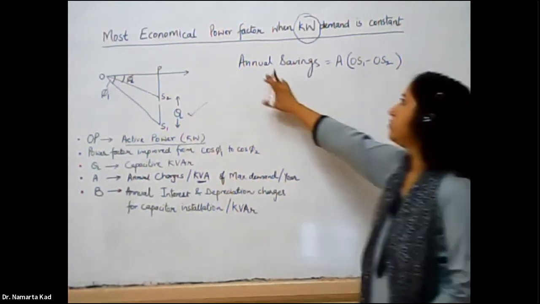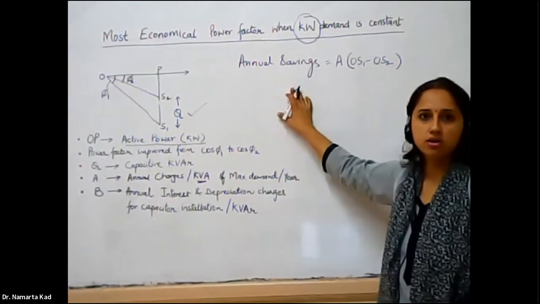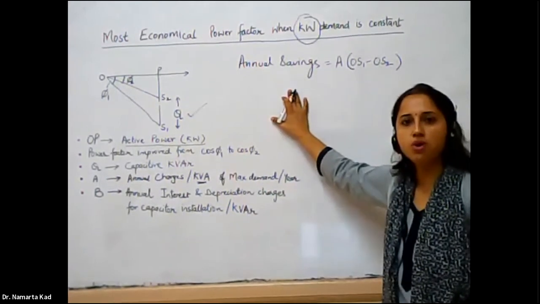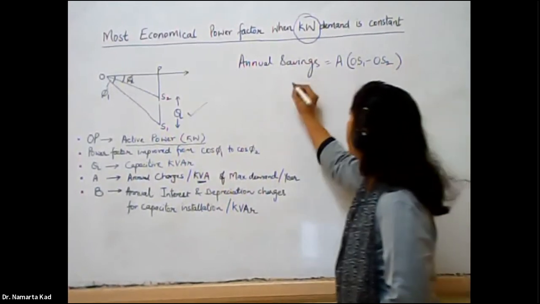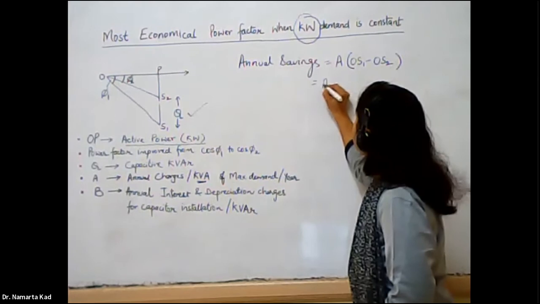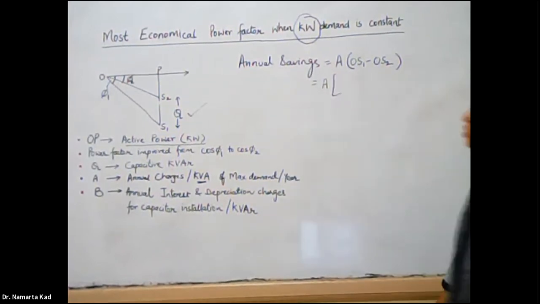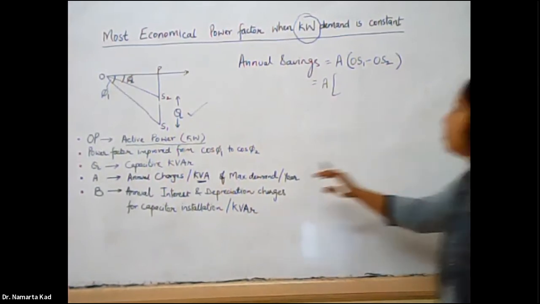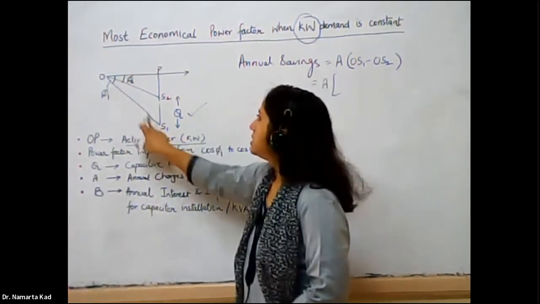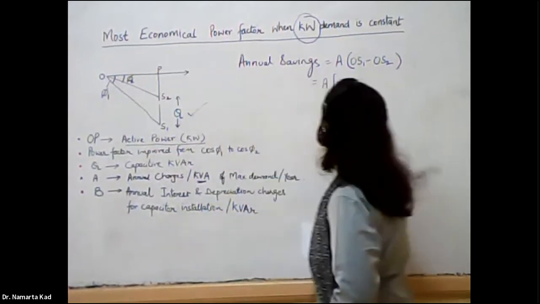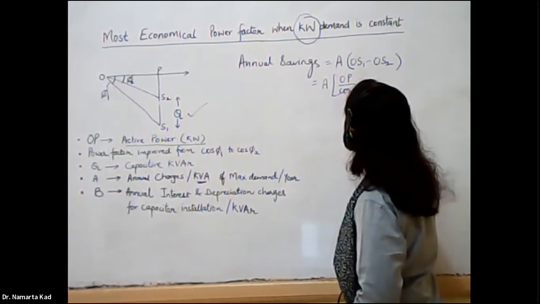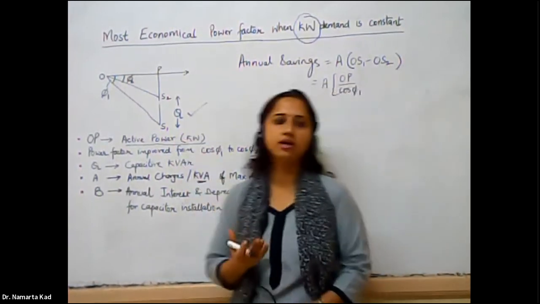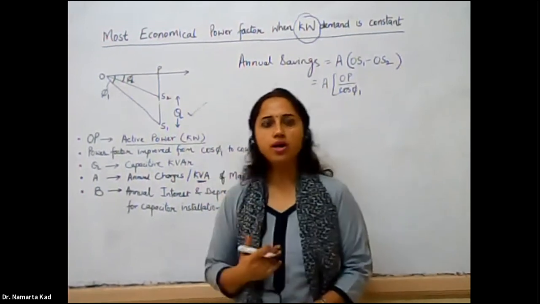Okay, so these are our annual savings depending upon the kVA charge. A into OS1 minus OS2, and further it is written as, now as seen from the trigonometry rules, OS1 is equal to OP divided by cos of phi 1, because we know that cos is equal to base upon hypotenuse.